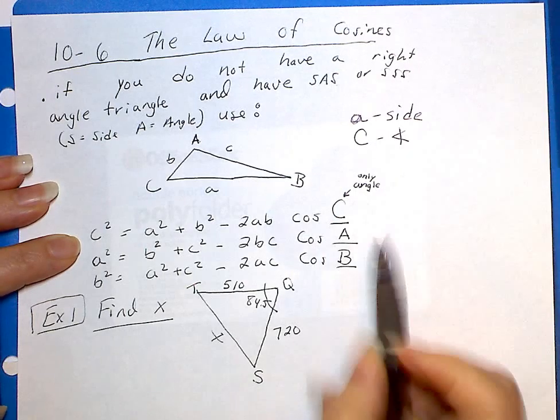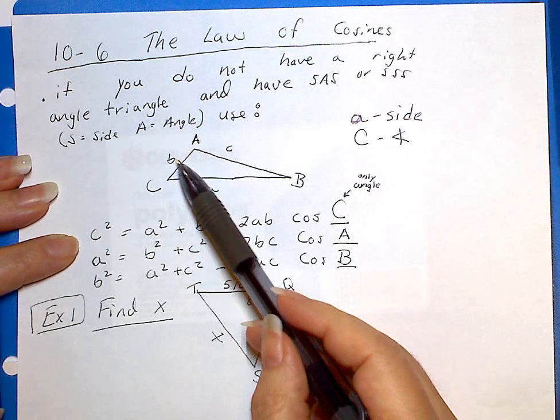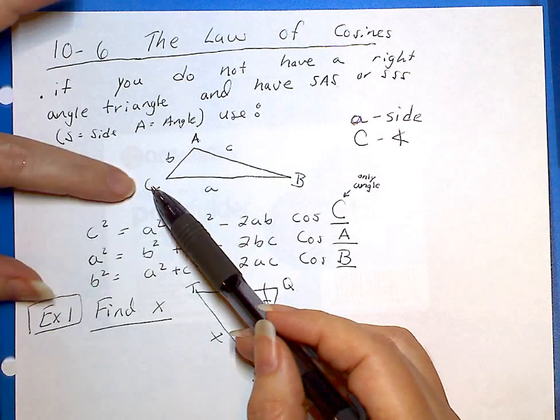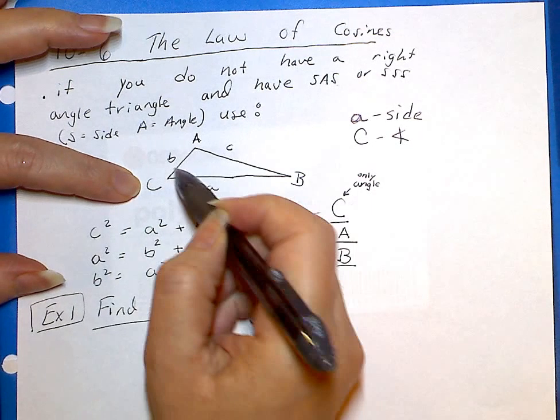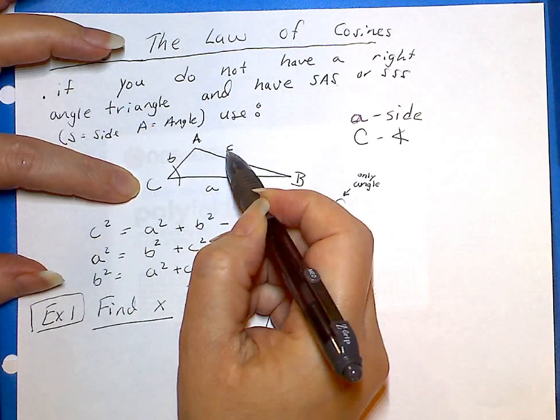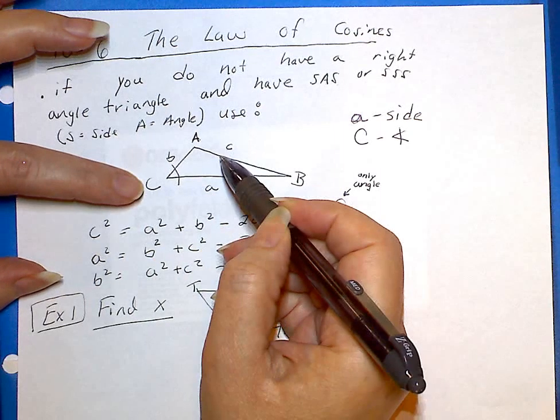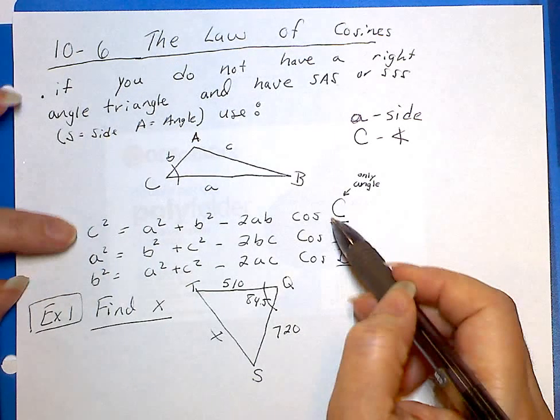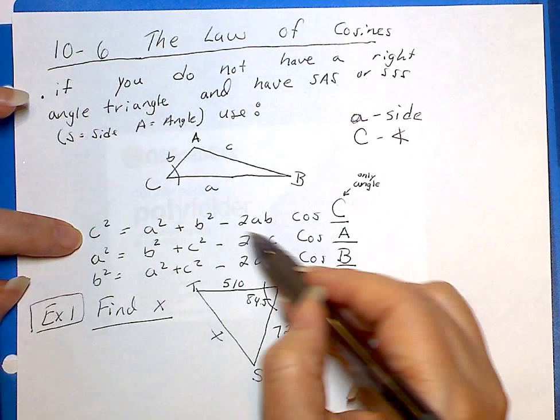The biggest thing, it doesn't matter what it's called, A, B, or C, is just to know that the angle and the side across from the angle, your big C, angle C, and your side c, have to be on opposite sides of your equation.